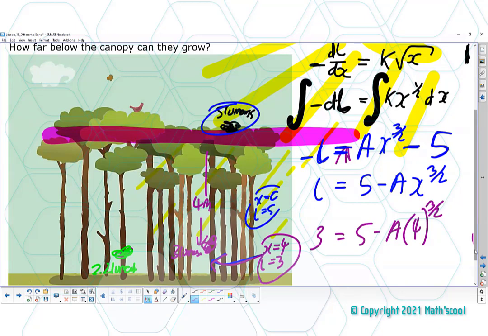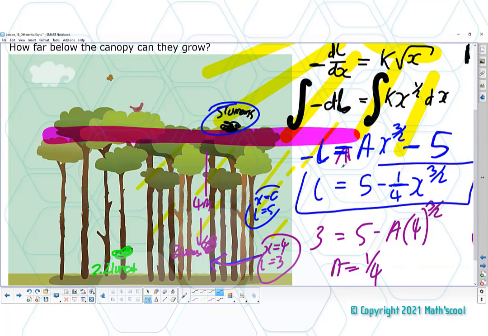So that's going to give me 8A. And so that's going to give me 8A equals 2, A equals 1/4. So now I know that A is 1/4. I can replace the A here with 1/4. Now my equation is fully formed. The only unknowns are the variables, L and x, which are supposed to be variables. So you're not supposed to know those values until you want to find it.